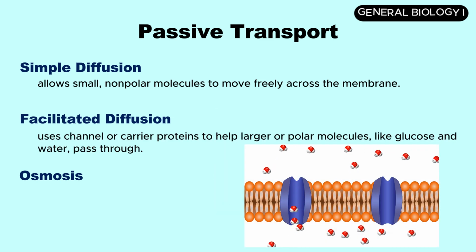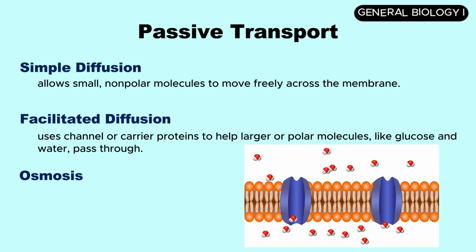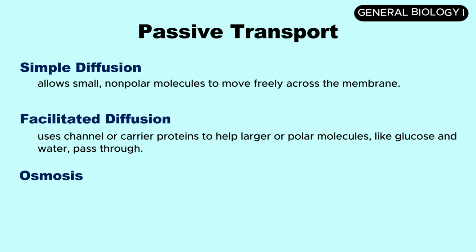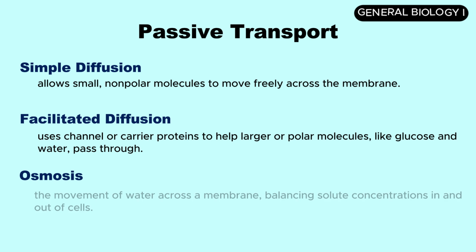Facilitated diffusion uses channel or carrier proteins to help larger or polar molecules like glucose and water pass through. Osmosis is the movement of water across a membrane, balancing solute concentrations in and out of the cells.